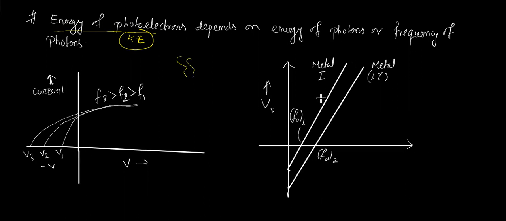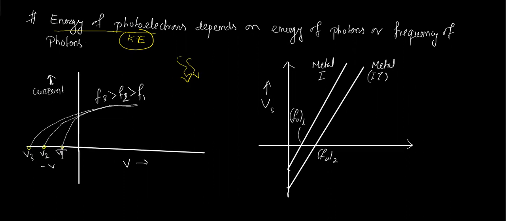So if you plot a variation between the potential and current, the nature of the graph will be this kind of graph. Here V1, V2, and V3 represent three different stopping potentials.